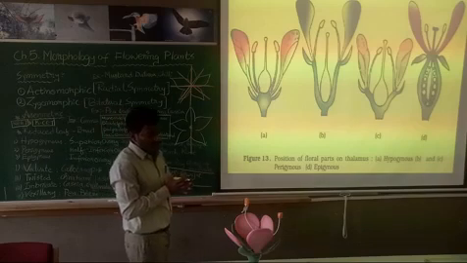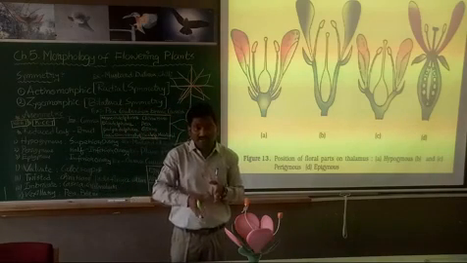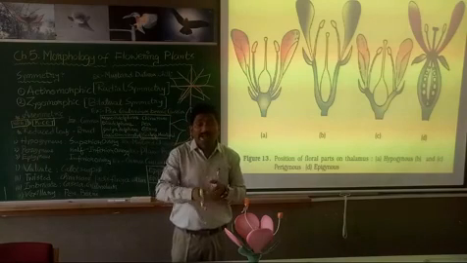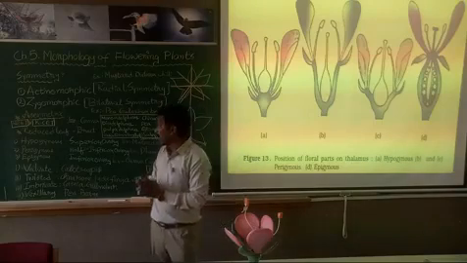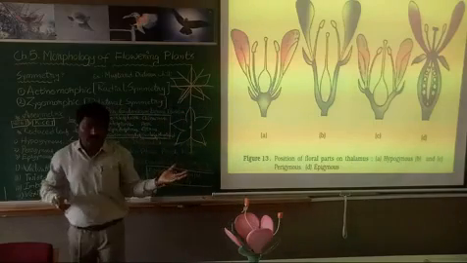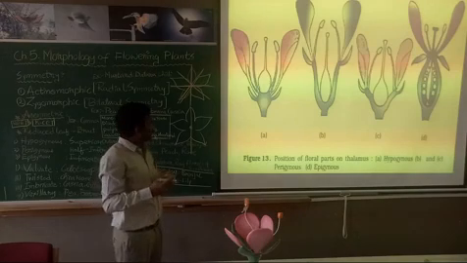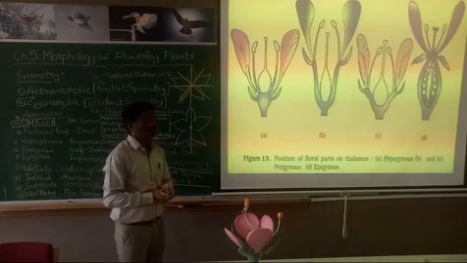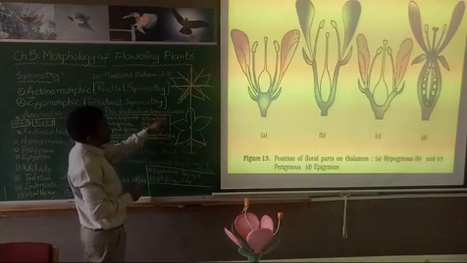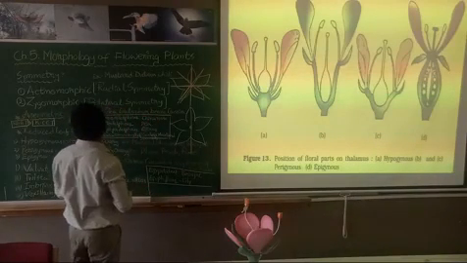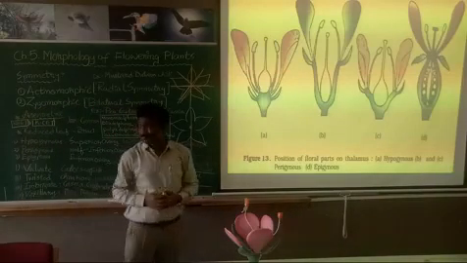When we pass one central line, through that only, the flower can be divided into two equal halves. Apart from that direction, if you cut, it won't be divided into two equal halves. Examples: pea, gulbahar, beans, cassia, etc. These are all examples for zygomorphic or bilateral symmetry.